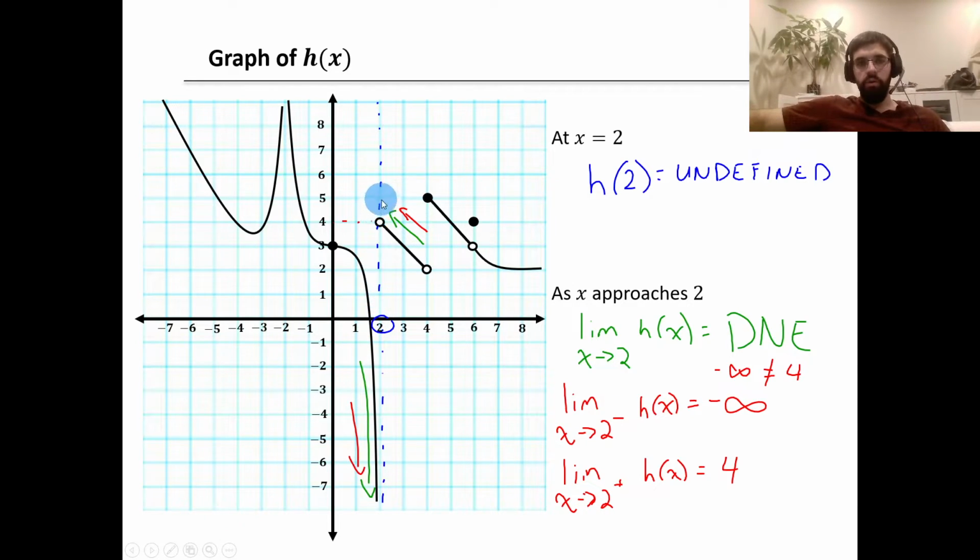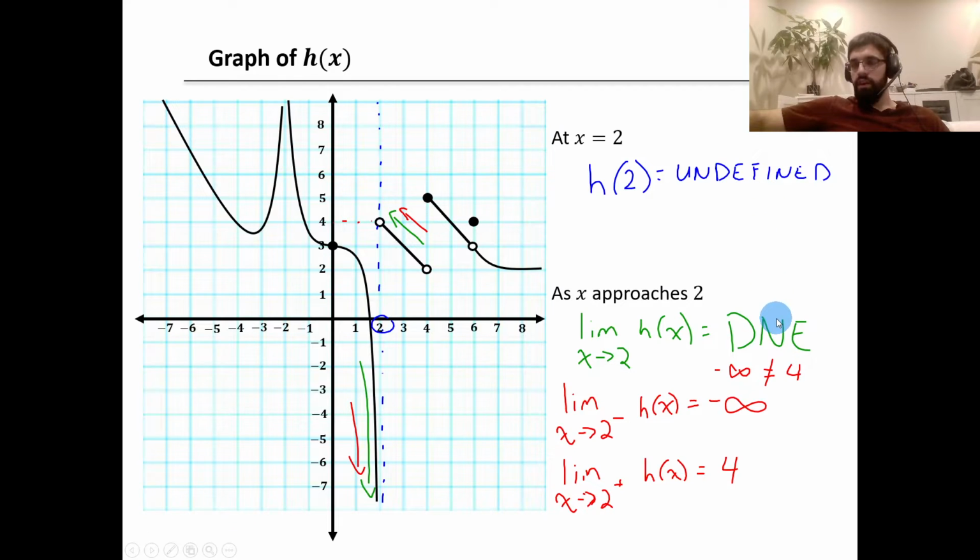If we go above the hole, we have the same issue. There's no function up here that tells us how to define h of 2. And the hole doesn't tell us how to define it either. It tells us actually the opposite, that we don't have a definition at this point. So because of that reason, we say that h of 2 is undefined.